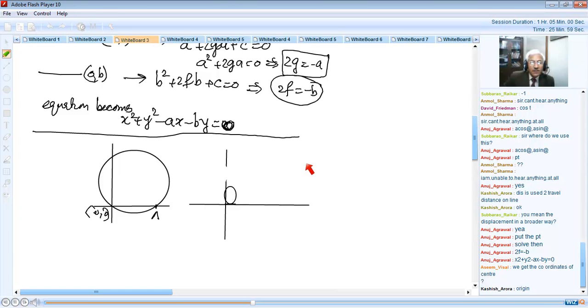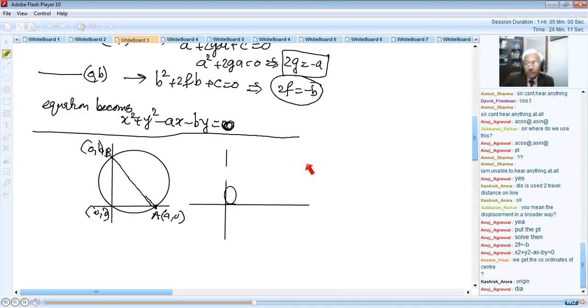It cuts the axes at A(a, 0) and B(0, b). If I join A and B, what is AB? Can you tell me? AB is the diameter. Very good.